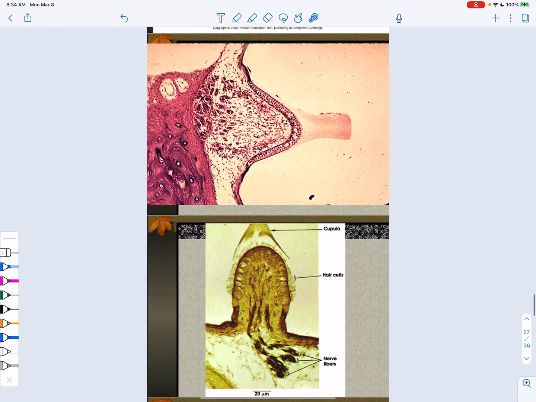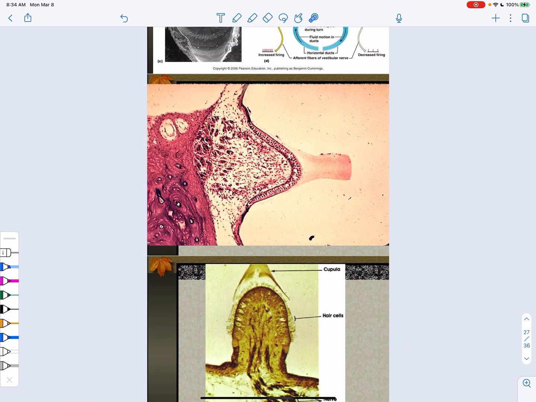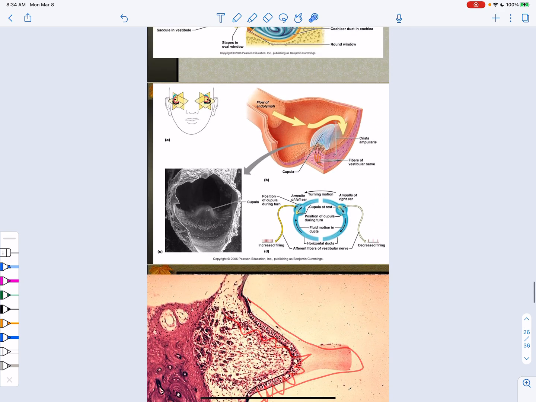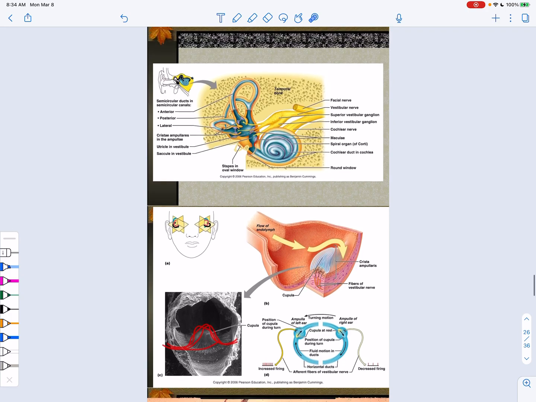All right, so we have our cupula, and we have those hairs, and the lymph flows through the semicircular canals, and as it passes that cupula, you get the sensation that you're moving. All right, so that's our dynamic balance.